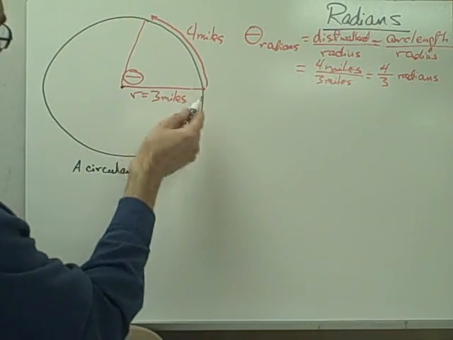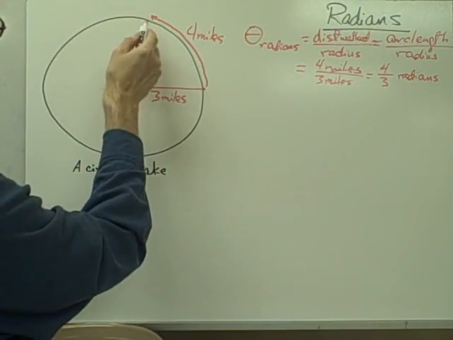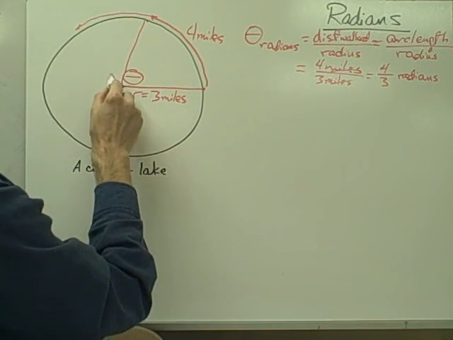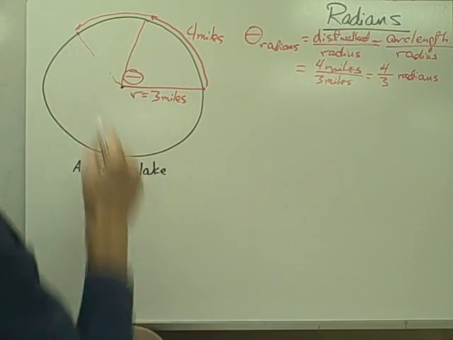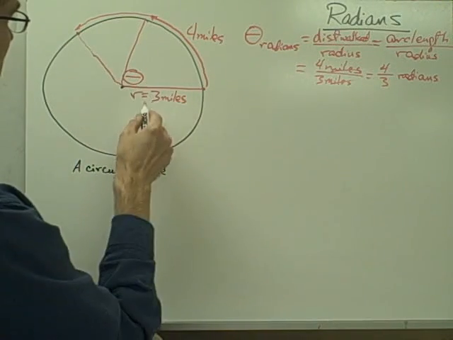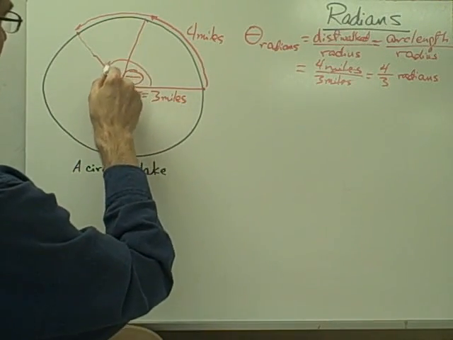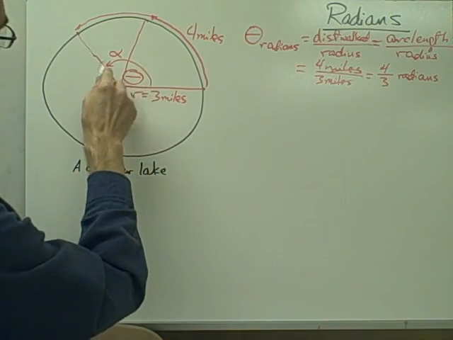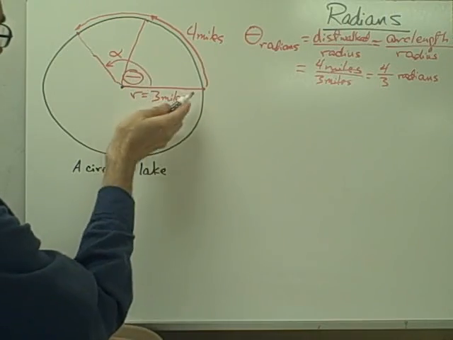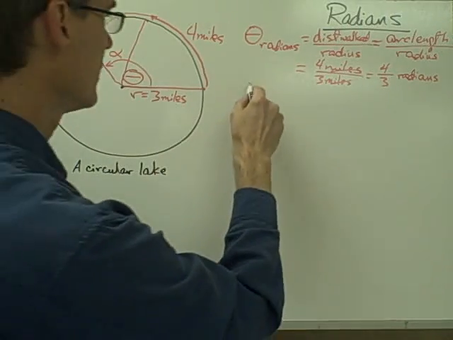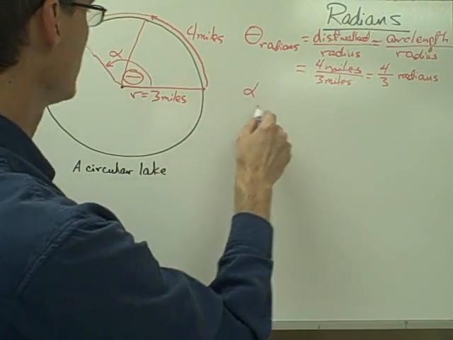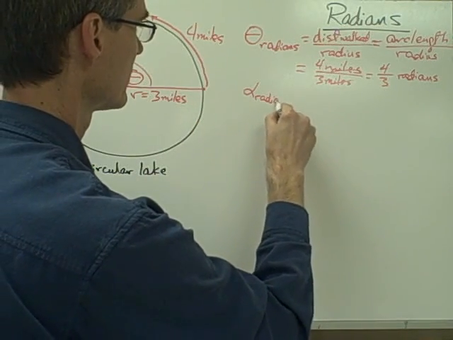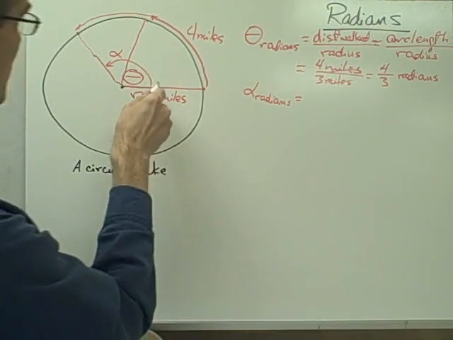Now, let's say I kept on walking, a little bit farther. Say I walked another 4 miles, and that brought me to this point right here on the lake. Well, this would give me another angle. Let's call this angle alpha. That's another Greek letter. And if I wanted to measure the angle alpha here that I've walked around the lake, then I could measure that. Alpha is going to be equal, again, this is in radians, to the distance that I walked.